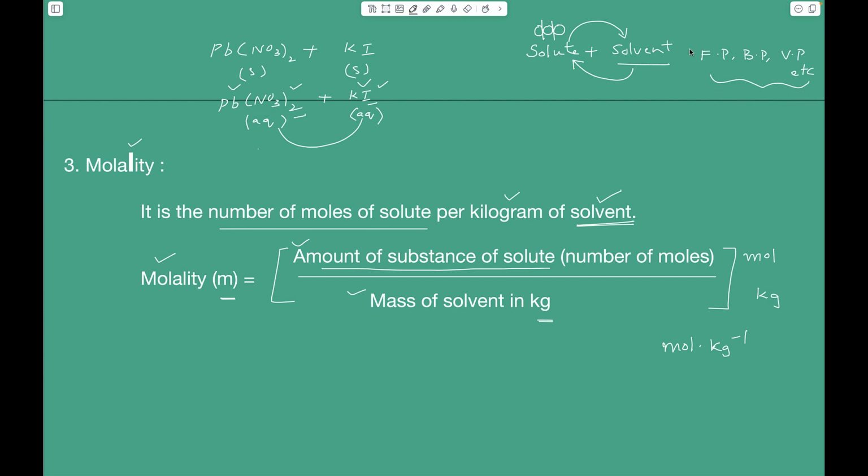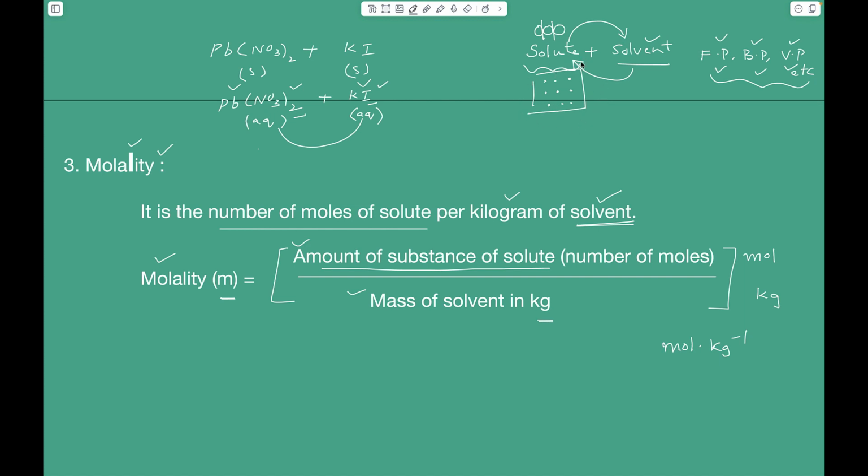The interesting thing with these colligative properties is that they depend only on the number of solute particles present, not on the nature of the solute particles. So colligative properties like change in freezing point, boiling point, vapor pressure, etc. depend only on the number of solute particles present in a given amount of the solvent, and they do not depend on the nature of the solute particles.